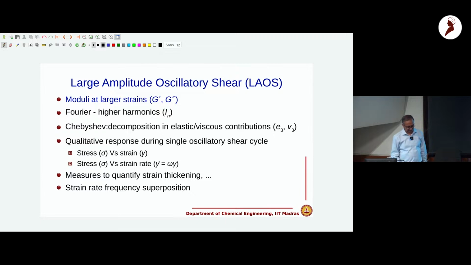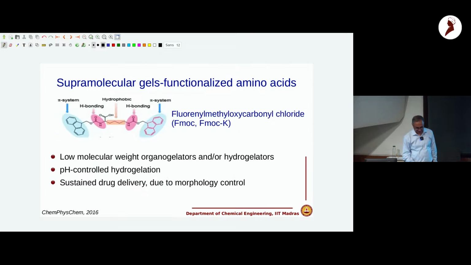So the way I had planned this was, you look at each and every measure and ask some questions and see whether, for that particular material system, there is any sort of answer. The first one is a molecule like this, which is a low molecular weight gelator, because if you look at it, it has interaction points. There is a pi system, where pi stacking is possible, and there is a hydrogen bonding site.